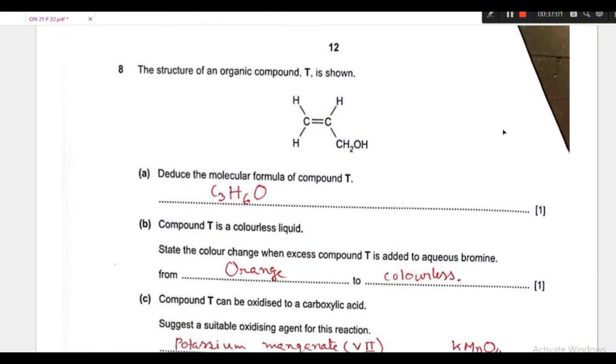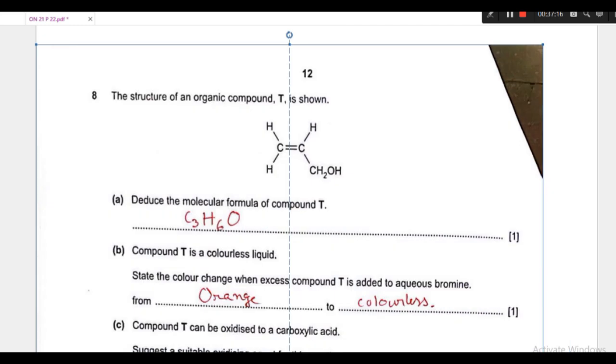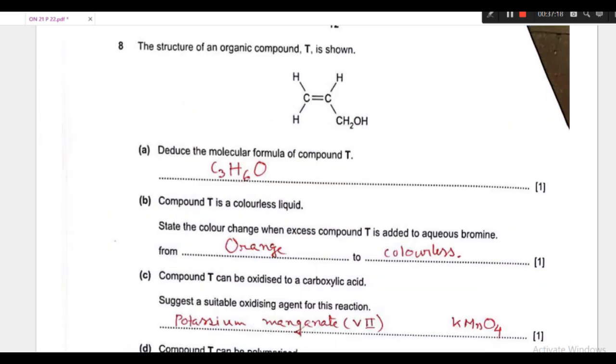Next, number 8. T is an organic compound.